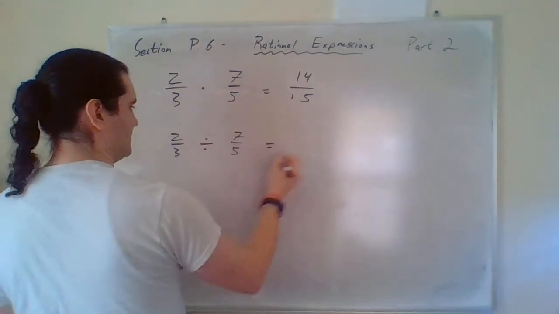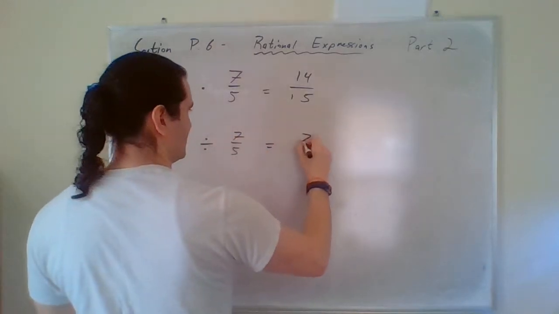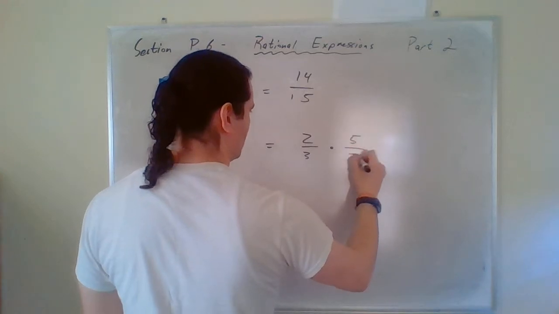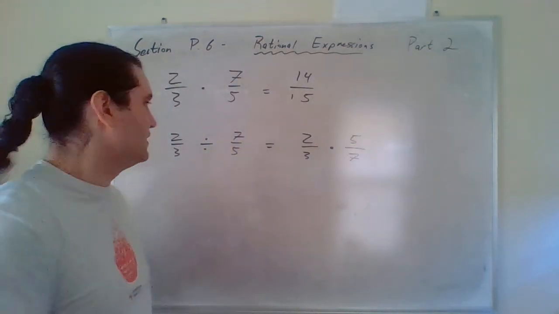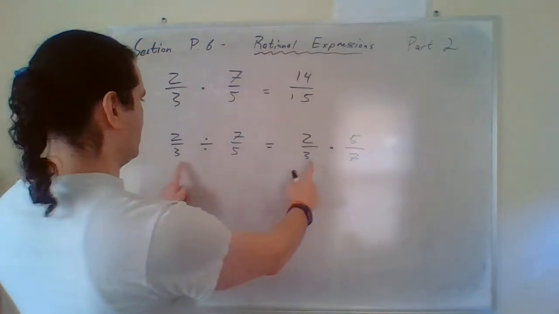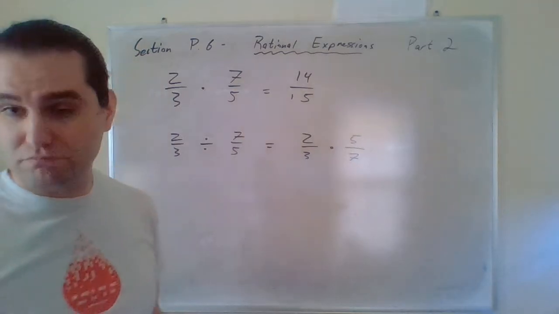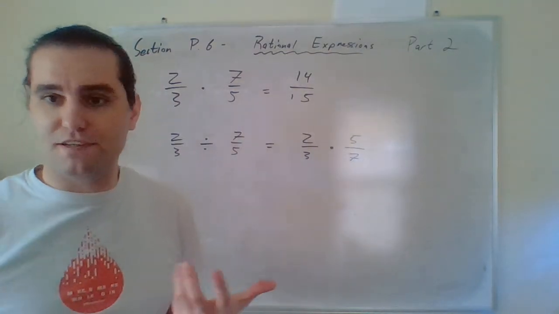the easiest plan here is, instead of dividing by a fraction, to multiply by the reciprocal. I've heard this sometimes referred to as keep, change, flip. So if that helps you, do that. I hadn't heard that until a couple of years ago.